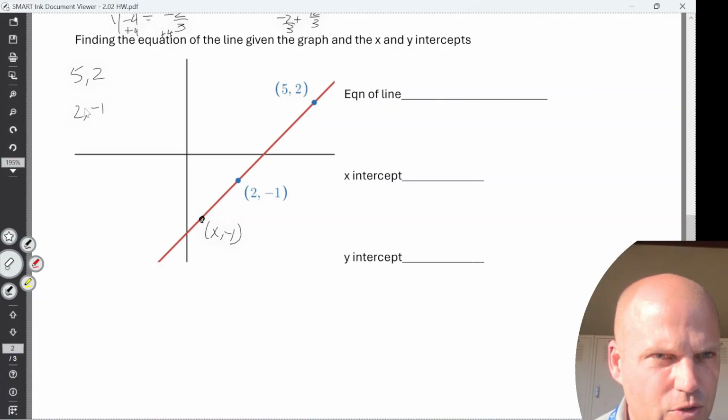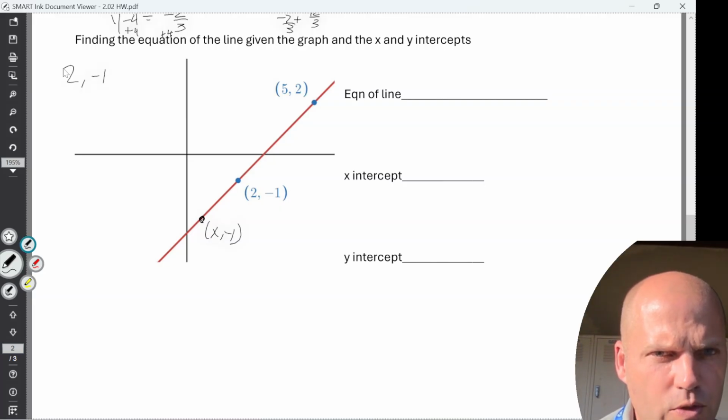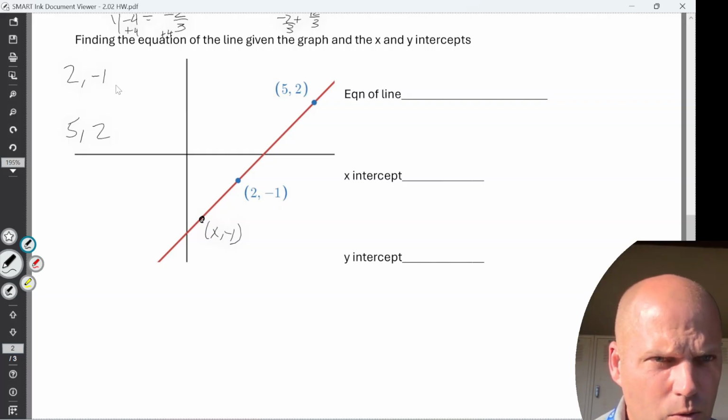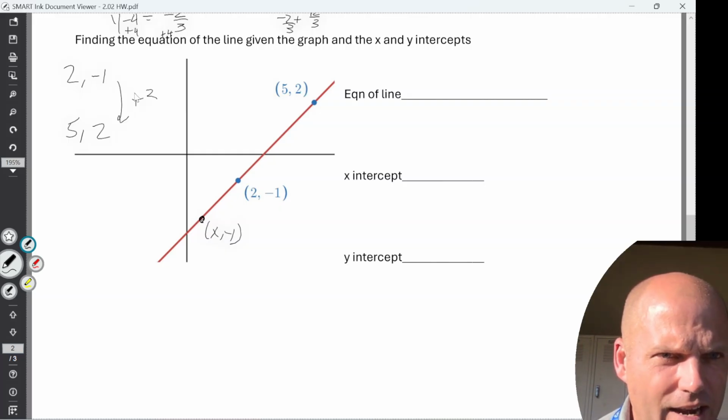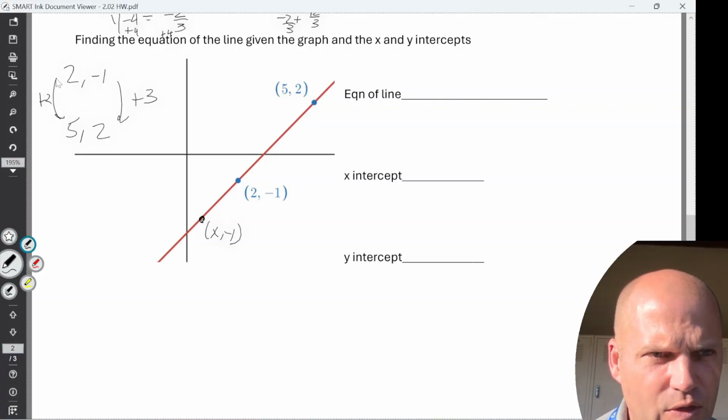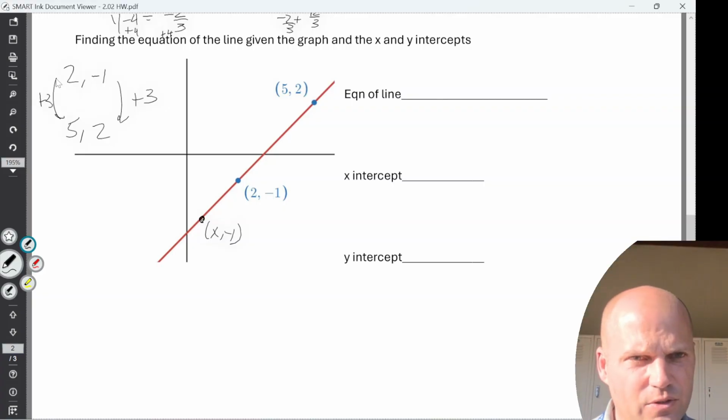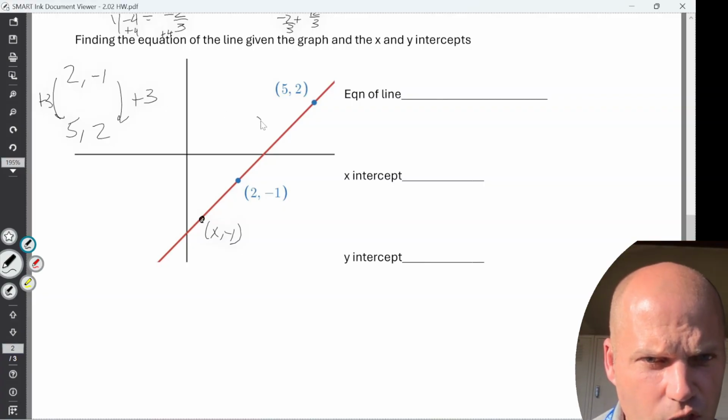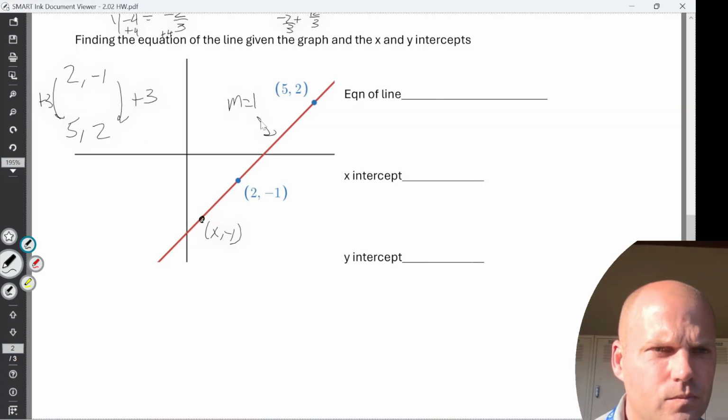I probably want to start with the (2, -1) on the top. We should find the slope between these 2 points. We should find the rise over the run so that we can stay consistent. Well, I can see that the y's, we are adding 3, and the x's, we are adding 3. If you went the other way around, you'd say subtract 3, which means the slope of this line is 1.